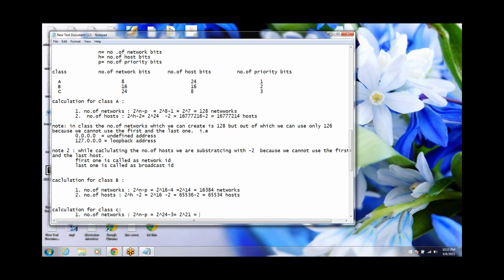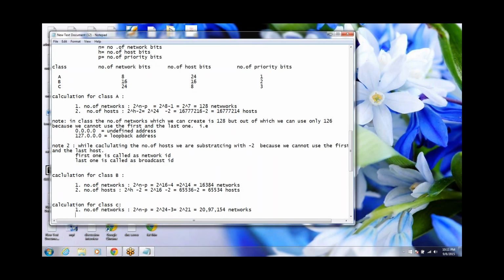So when you go for 2 to the power of 21 here, how many networks can you create here? 2 to the power of 21 means it's like this, 2,097,154 networks.